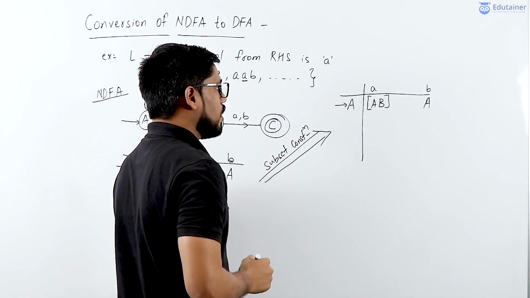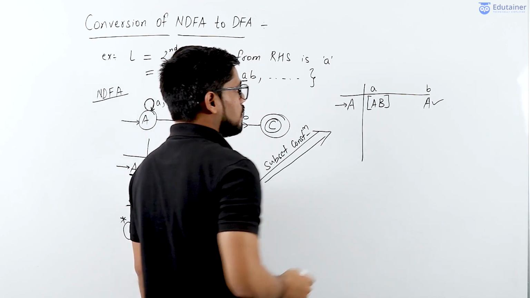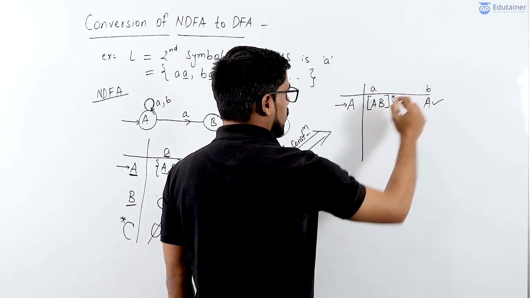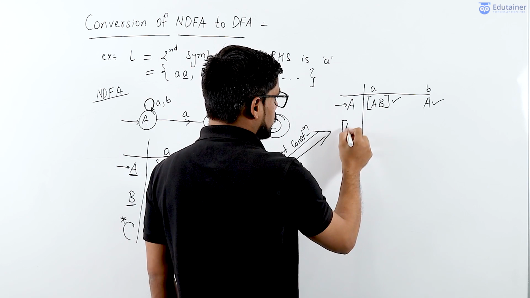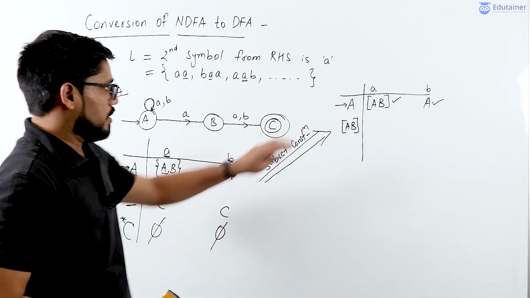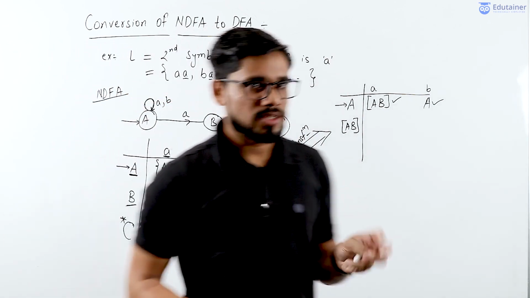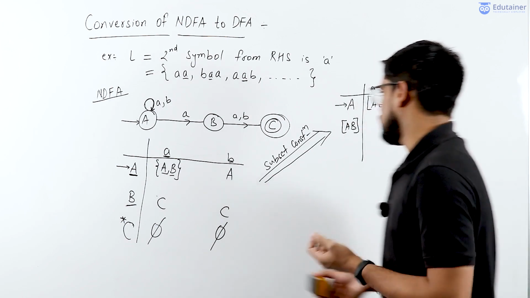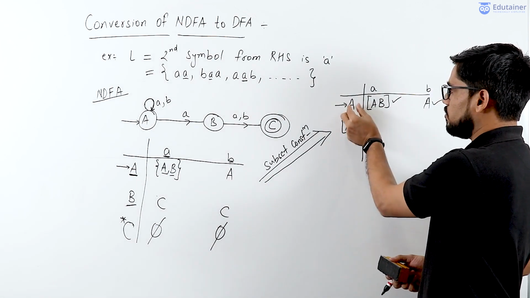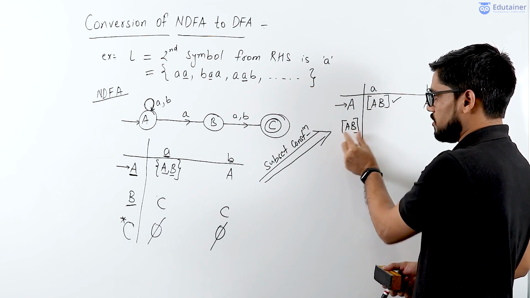Now we have covered the capital A state. Now we want to find capital AB as a whole. So the next row is capital AB. This example is very different from the previous two examples. In the previous two examples, we had only a single variable as a state, but here two variables are combined as a state.